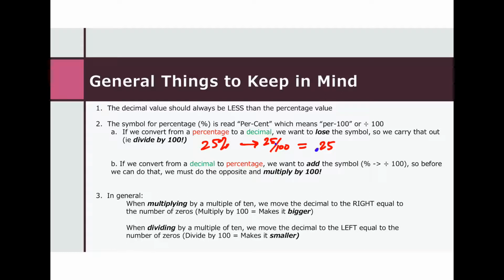And one thing you can always remember is that the decimal form of a number is always going to look smaller than the percentage form. In actuality, they're equal. But 25 is more than 0.25, while 25% is actually equal to 0.25.